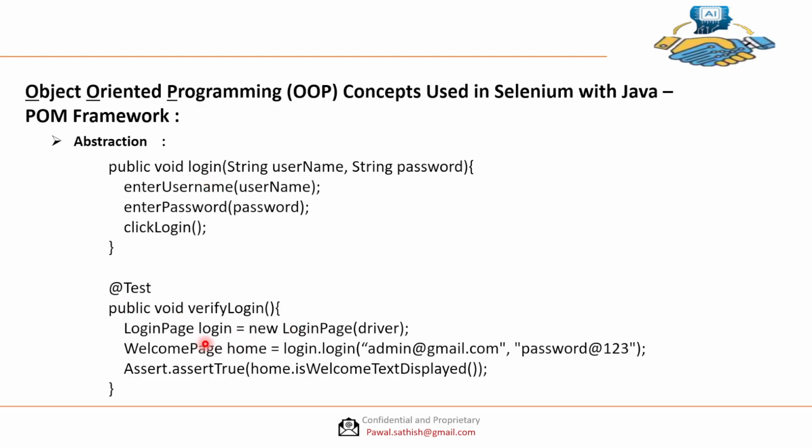So here there is no need to define how we developed the actual logic, and internally we are also calling the locators. It's a readable method like login. If it's successful, then we put the assertion whether the welcome screen is displayed or not.